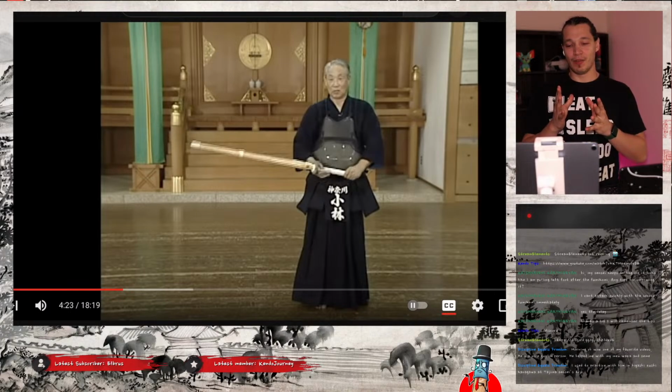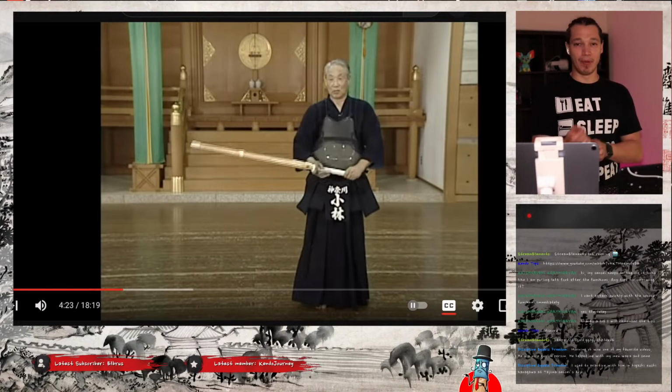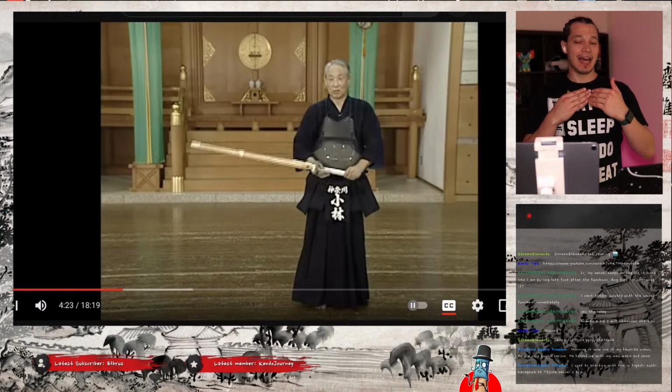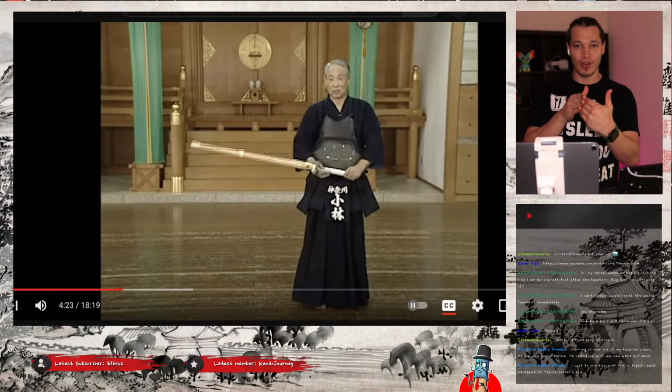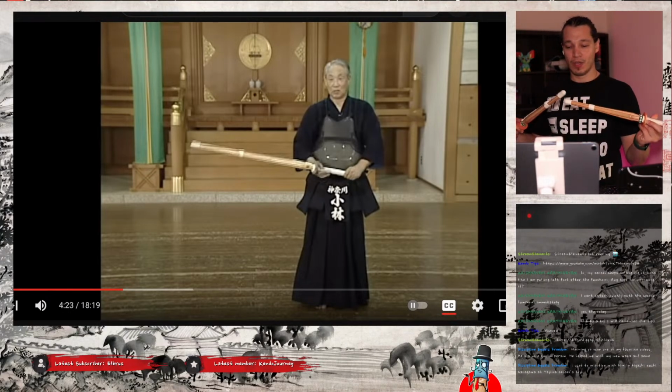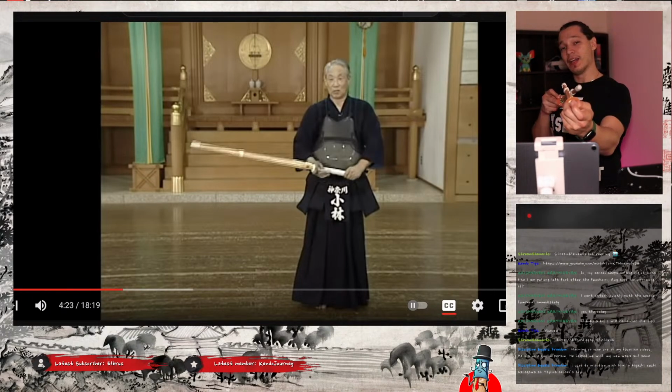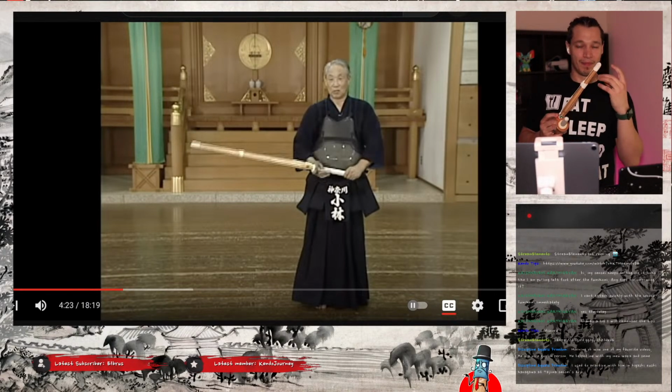You pressure from one place to create an opening, because the opponent might block, and then you take advantage of the opening that got created because of that. For example, he's talking about, okay, you pressure from omote, but then you attack in ura. This doesn't mean that you're going to switch from one side to the next. You can also do it from the same side, right? You don't have to move your shinai to make your opponent think that you're going to attack on this side.